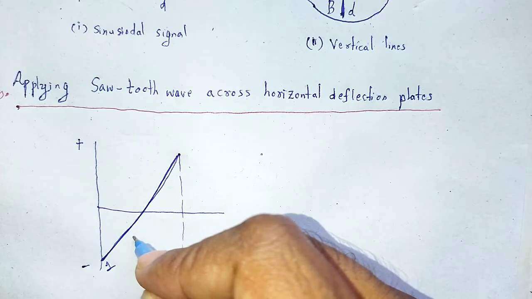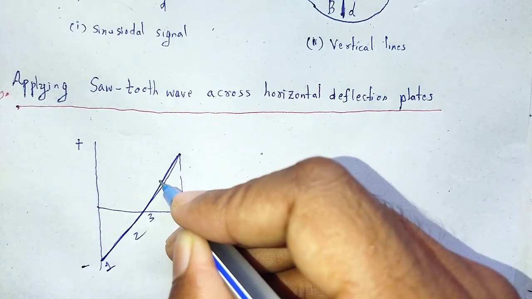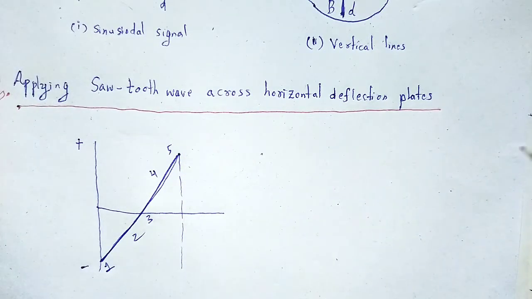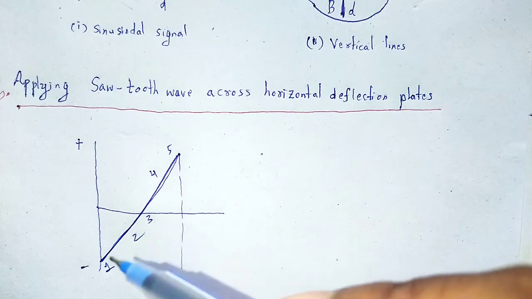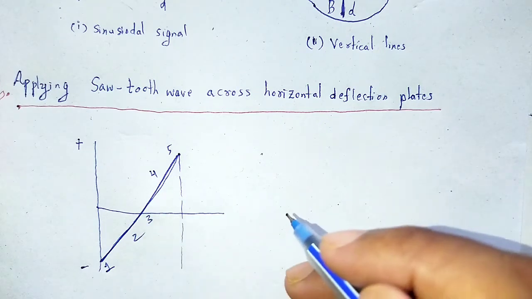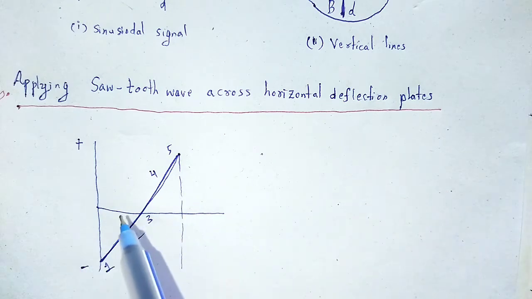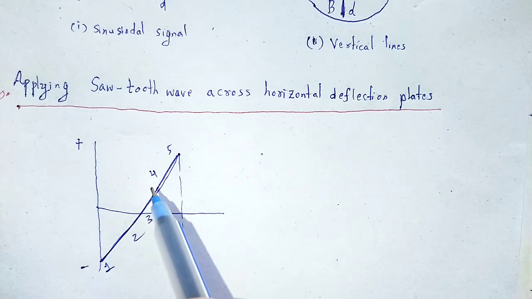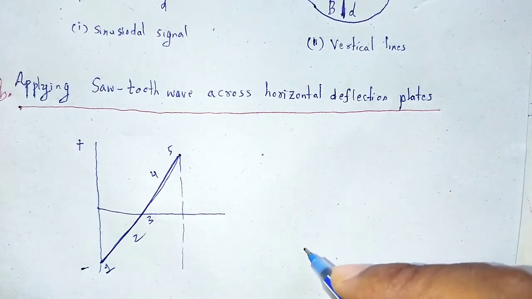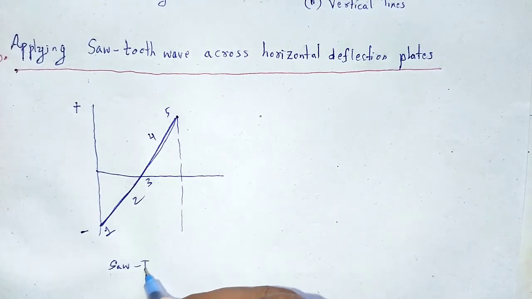The beam moves up and down due to the applied signal in each cycle. In order to obtain the visual waveform, the beam should simultaneously move horizontally from left to right. This is a sawtooth wave.